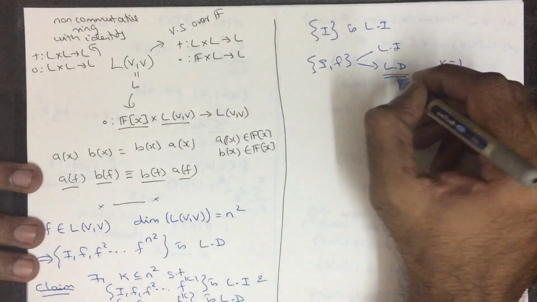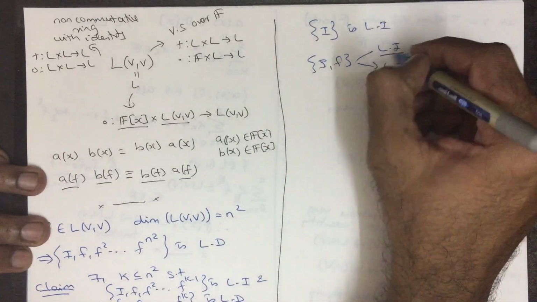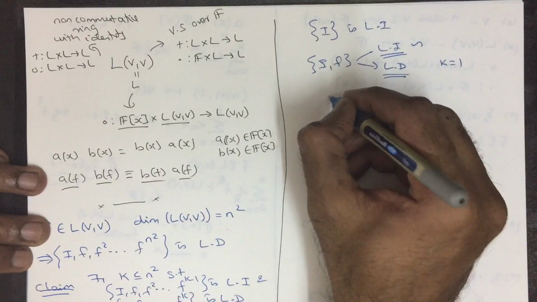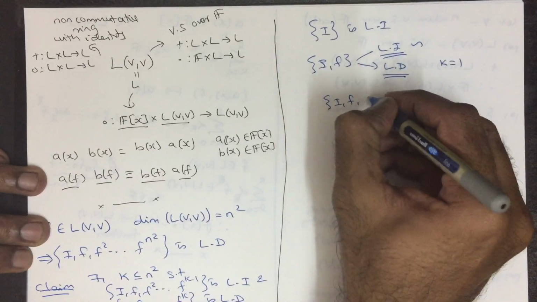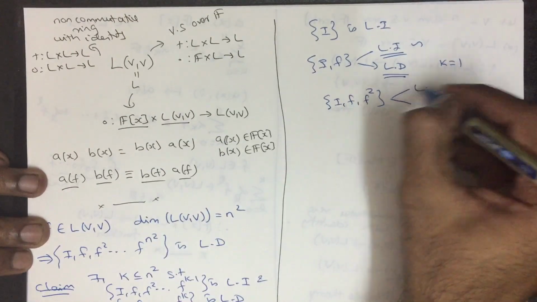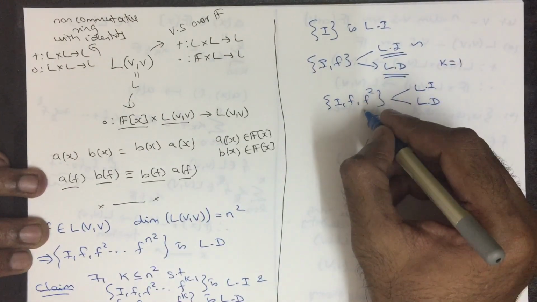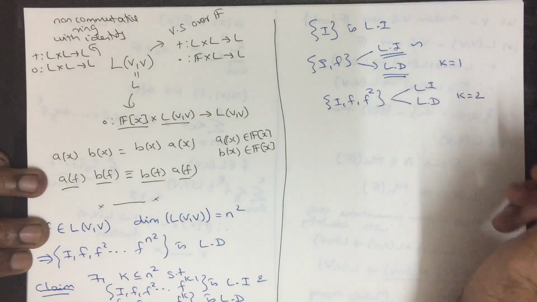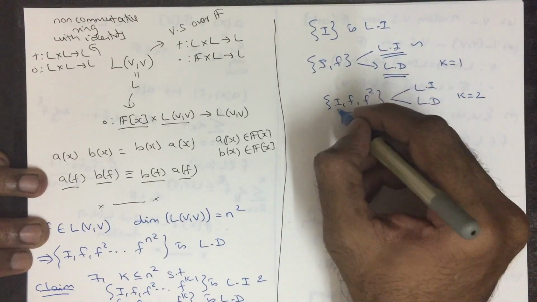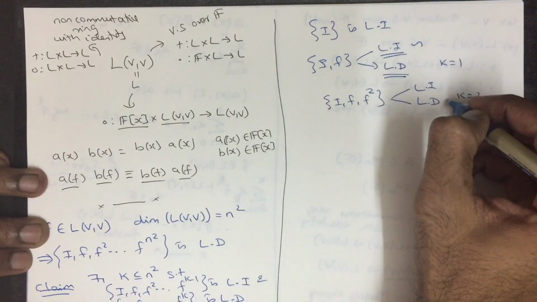Suppose it is linearly independent, then consider the set I, f, f squared. Again, you have two choices. If it is linearly dependent, then k is 2: I and f are linearly independent and I, f, f squared are dependent.